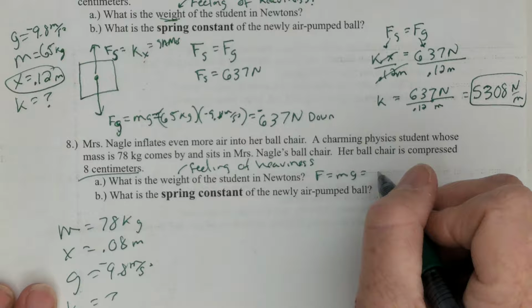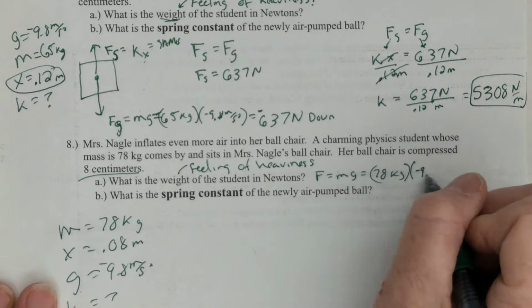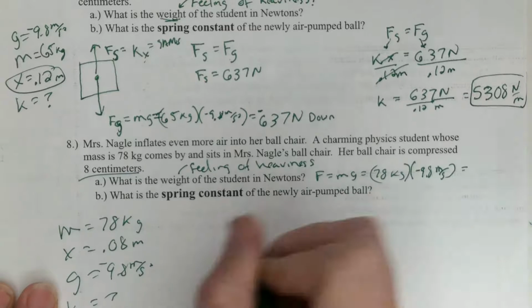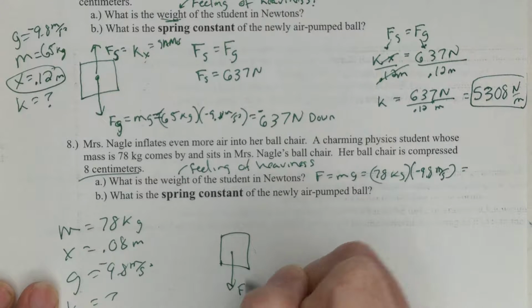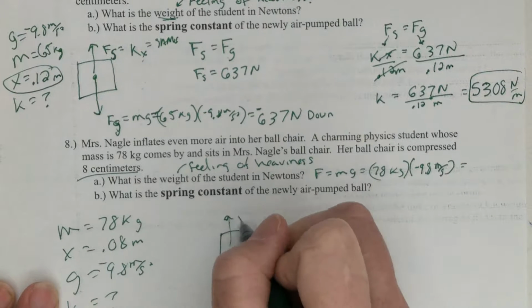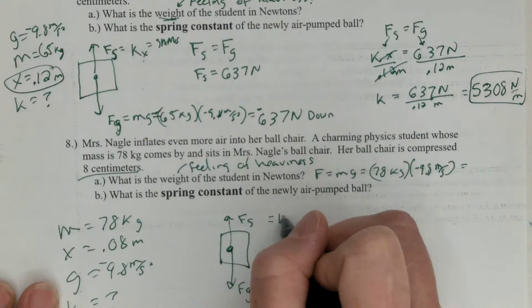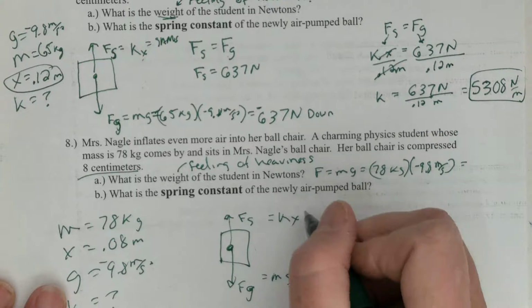So that is 78 kilograms times negative 9.8 meters per second squared. Here's my free body diagram. The force of gravity will equal my force of the spring. They'll be the same, so if I find that, I find this.